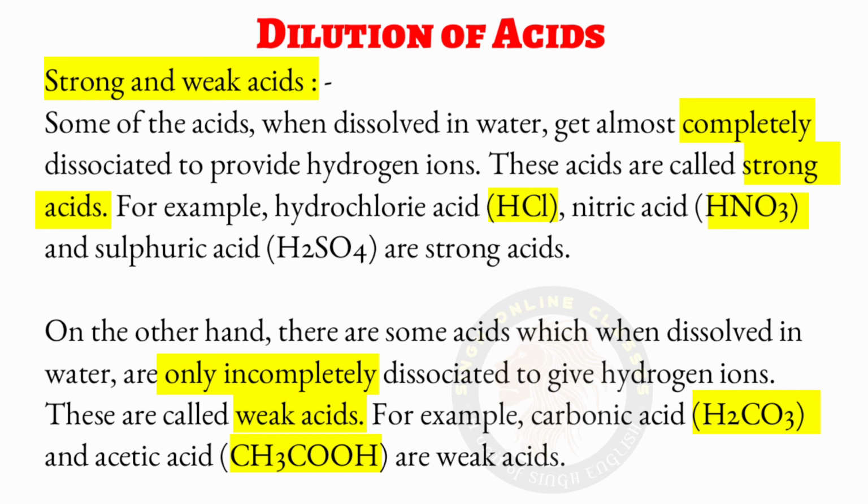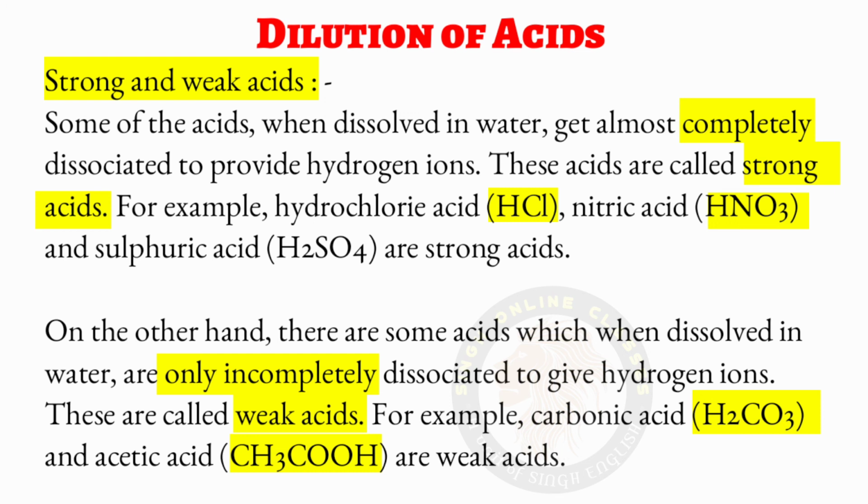For example, hydrochloric acid, nitric acid and sulfuric acid are strong acids. On the other hand, there are some acids which when dissolved in water are only incompletely dissociated to give hydrogen ions. These are called weak acids. For example, carbonic acid and acetic acid are weak acids.